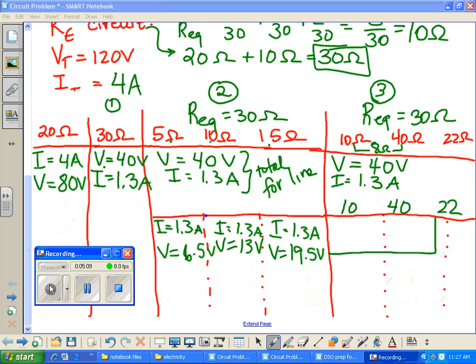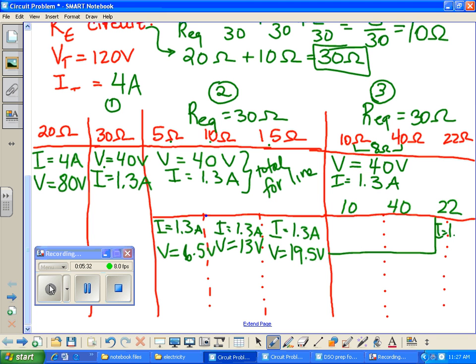The 10 and the 40 ohm together, and then the 22 ohm. I have 1.3 amps of current that has to go down this path. Of all of these resistors, which one will have all the cars going through it? The 22. Only the 22 will have all cars going through it.